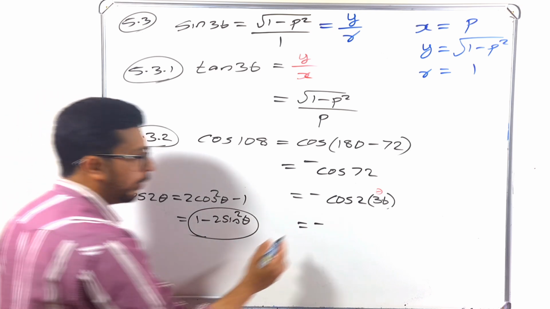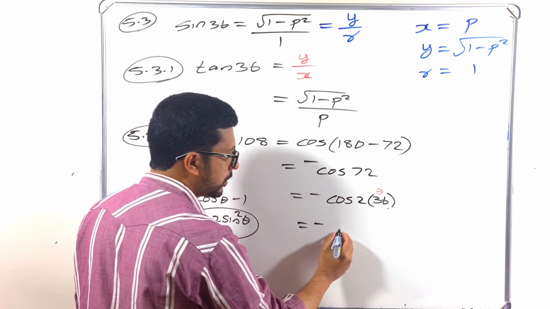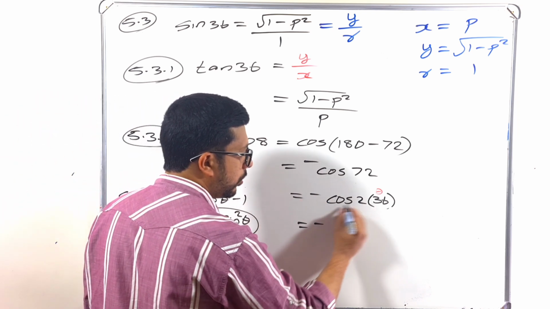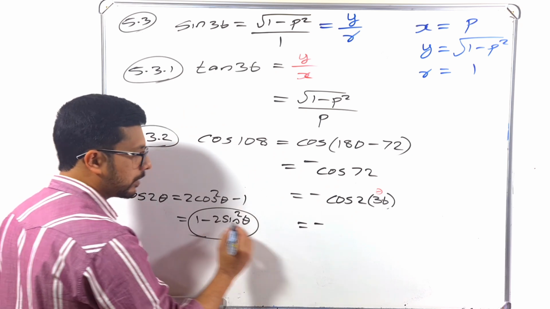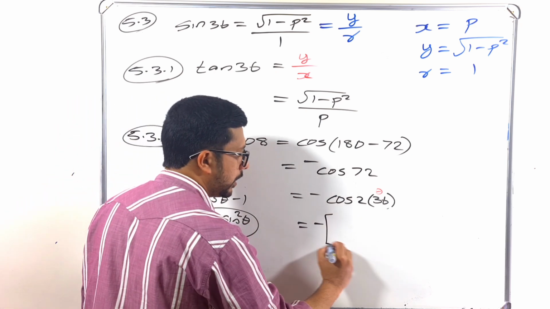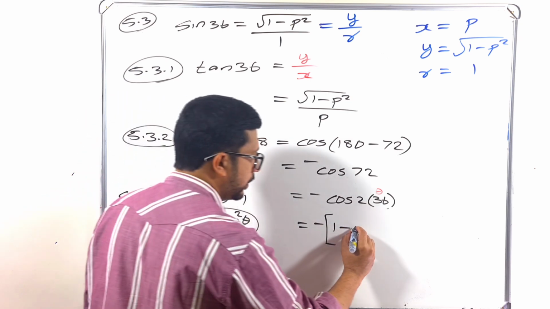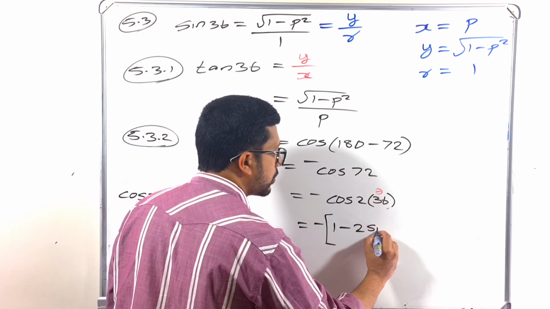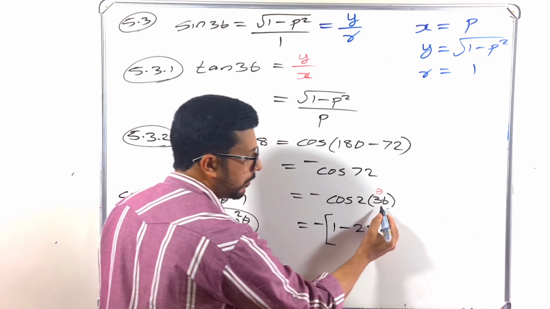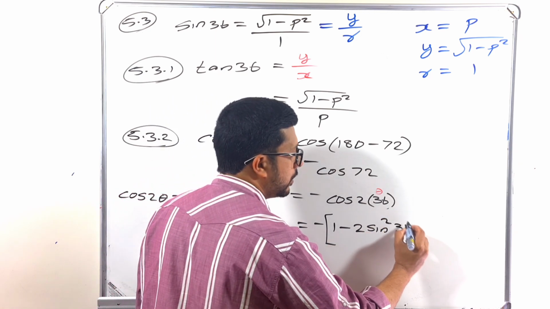So I'm going to write minus, then cos 2 theta I'm going to write like this: 1 minus 2 sine square theta. What is our theta? 36.